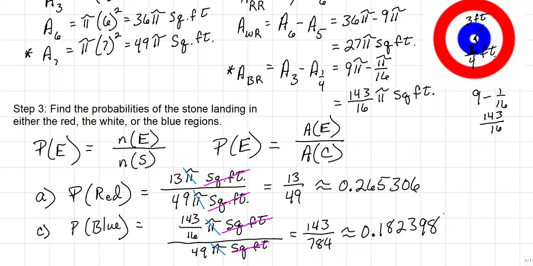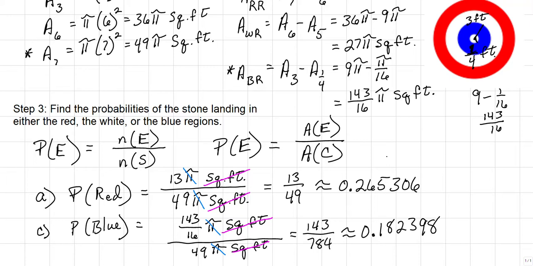All right, now what we're going to do is look at the white regions, because there are 2 regions there, whether it's going to land in the white ring or in the center circle part.